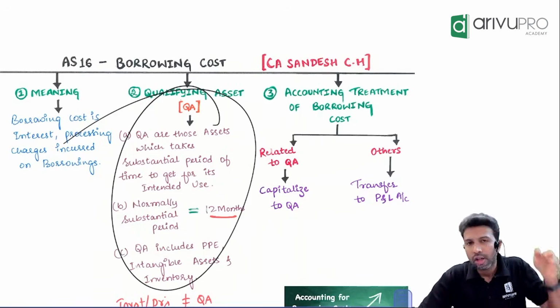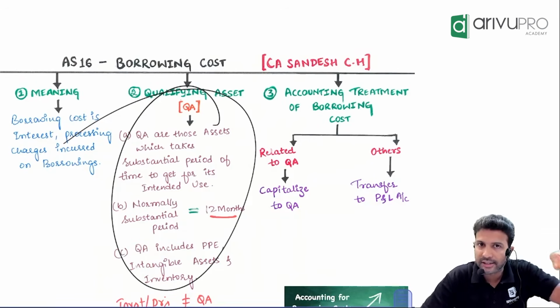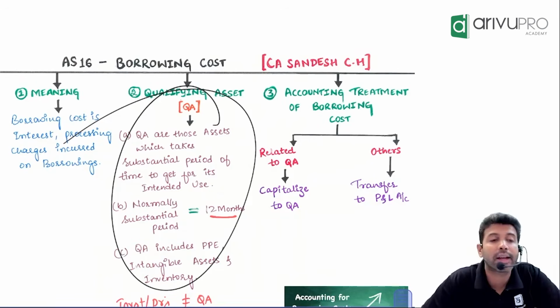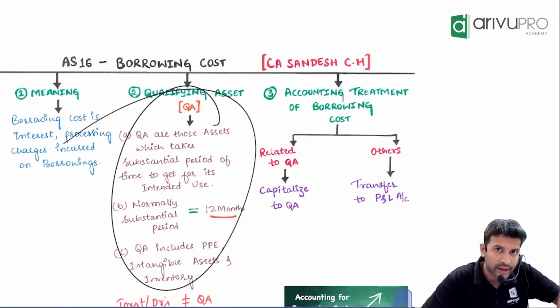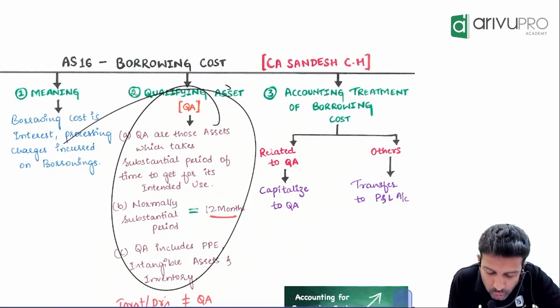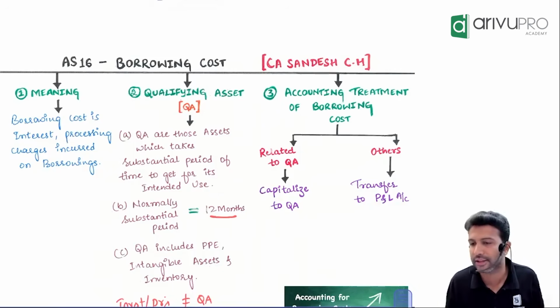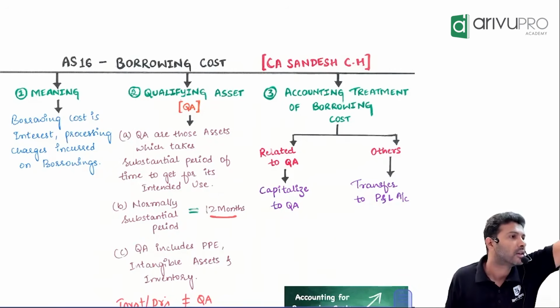Let's say we are constructing a building and it will take 3 years for the construction to get completed. Today, is it ready or after 3 years? After 3 years. That means that building will be known as a qualifying asset, because it is not immediately ready, it is getting ready after 3 years.